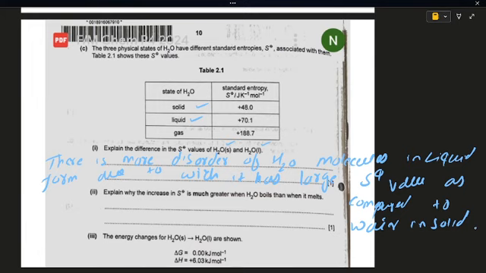Explain why the increase of delta S is much greater when water boils than when it melts. It means that you have to compare the boiling point of water and melting point of water with the entropy change.